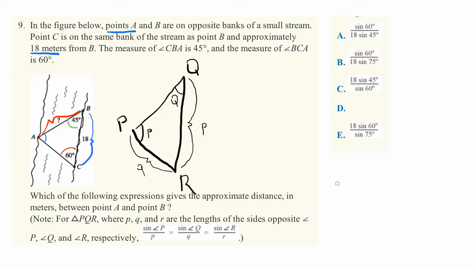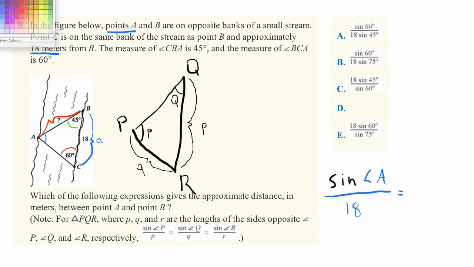And in particular, one thing that they're saying is that the sine, let's choose, for instance, angle A here. So the sine of angle A, which we have not determined what it is yet, divided by the length across from angle A, so that would be little a, or we actually know its value here is 18, is equal to the sine of any other angle divided by the length of the side across from it.